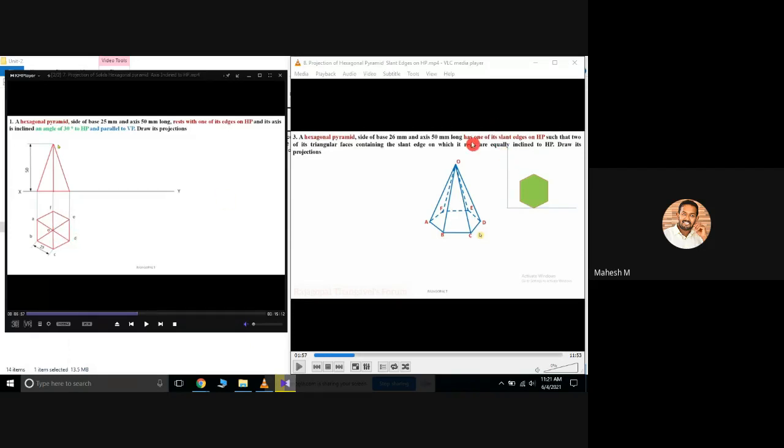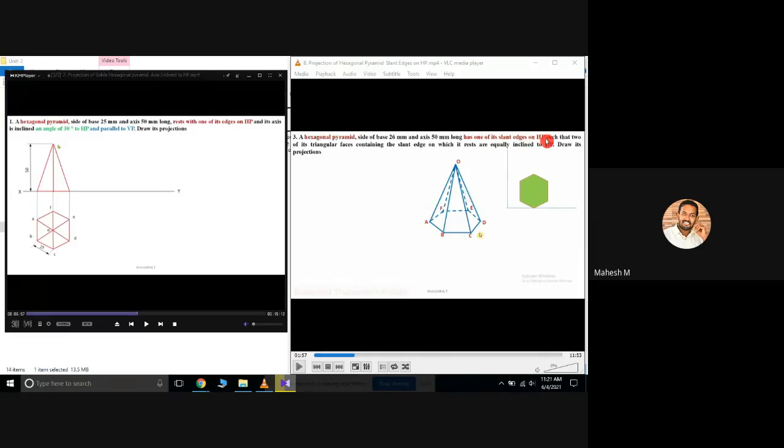So if you want to create your slant edge on HP, then you should not create an edge hexagon. Only OD or else OE is a slant edge. So you have to create a corner hexagon in this problem, based on this condition.